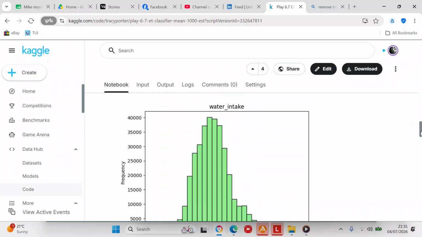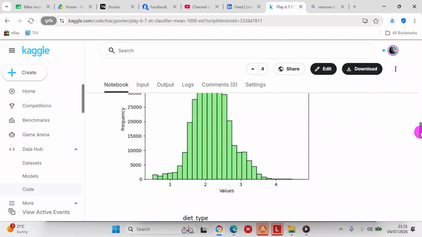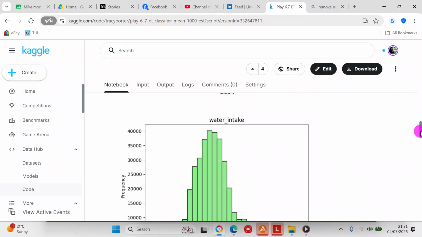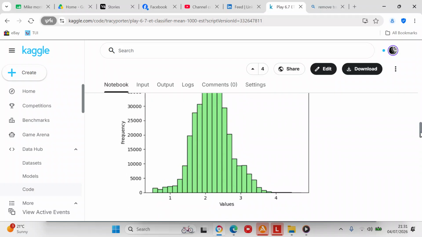Now you've got water intake, and that's close to a normal distribution, close to a bell shape. And the main water distribution is maybe 2, so we'll say 2 liters. We're not sure exactly, but the main water distribution is 2.